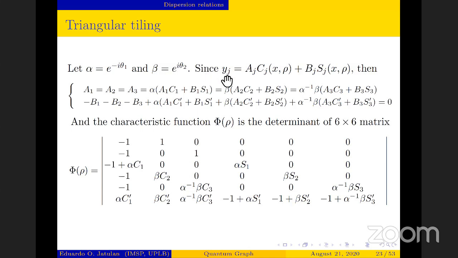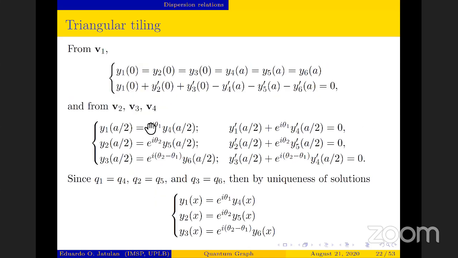And we have these Yj's. As I said, these are the solutions, so each is a linear combination of Cj and Sj with constants Aj and Bj. We derive these from the Kirchhoff and continuity conditions, and we get these values from our Bloch conditions.